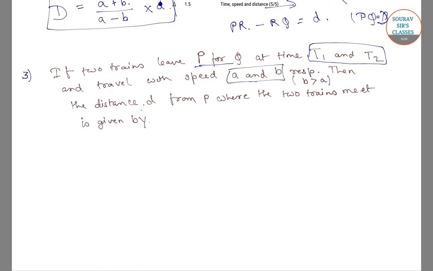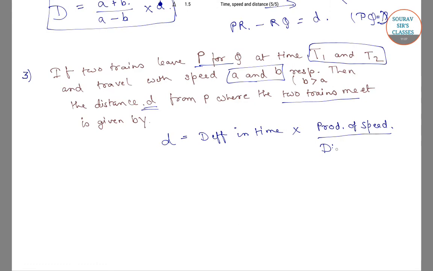Now here we have the speed B is greater than A. Then the distance D from P, where the two trains will meet, is given by, that is D is equal to difference in time into the product of their speeds divided by difference in speeds.